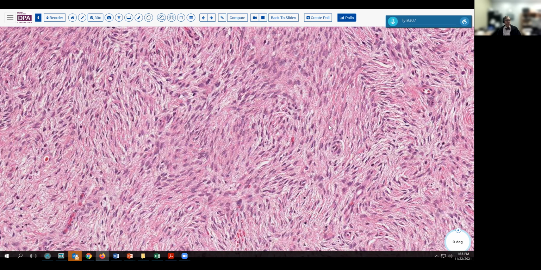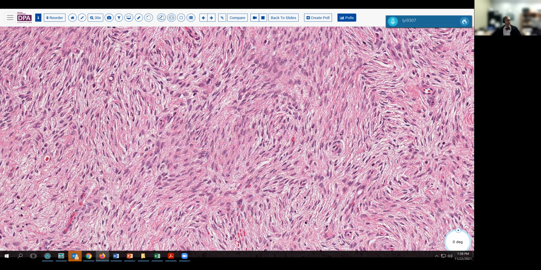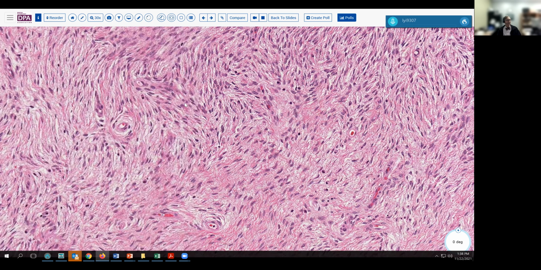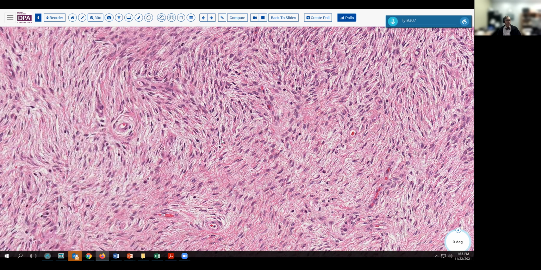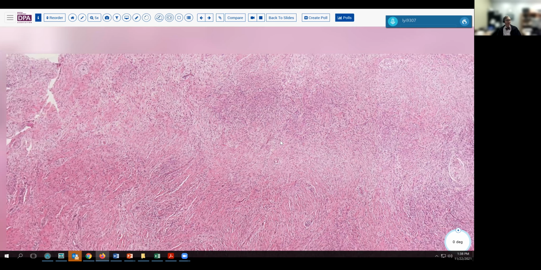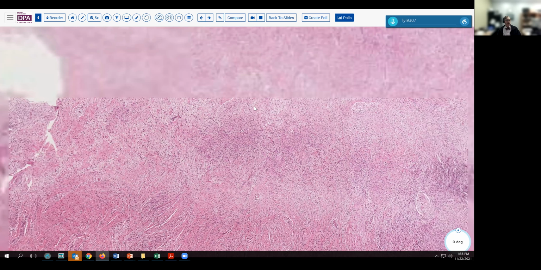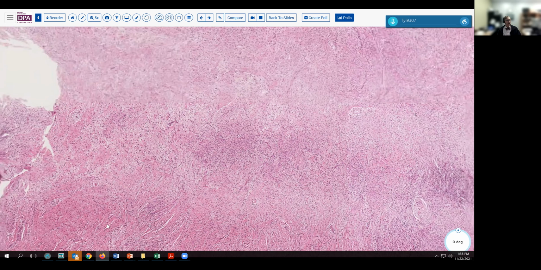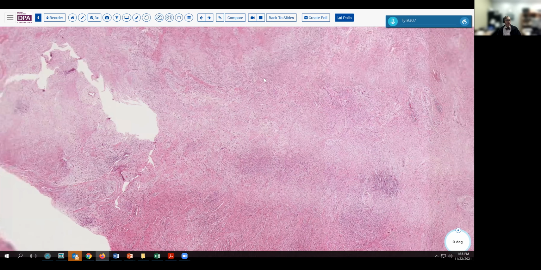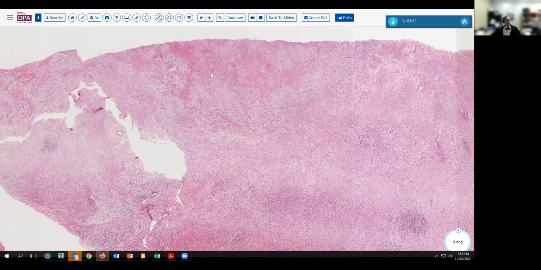And sort of a fibrosing, streaming pattern of nuclei and fibrous tissue. A little bit of myxoid change in the stroma, which can be variable over the various areas of the tumor, a little bit more up here, less down here. Sometimes a vaguely lobulated or even nested lobulated appearance to this tumor.